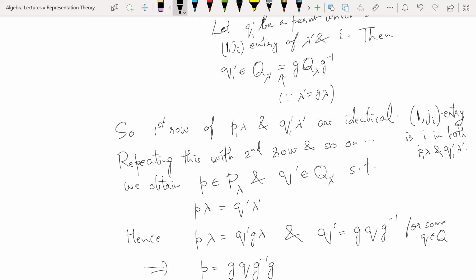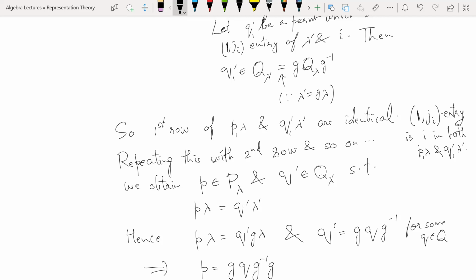So if we do it for all the rows in lambda, lambda and lambda prime have the same Young diagram, just the entries are different. If you run through all the rows, what we can ensure is that after these changes, they become the same.